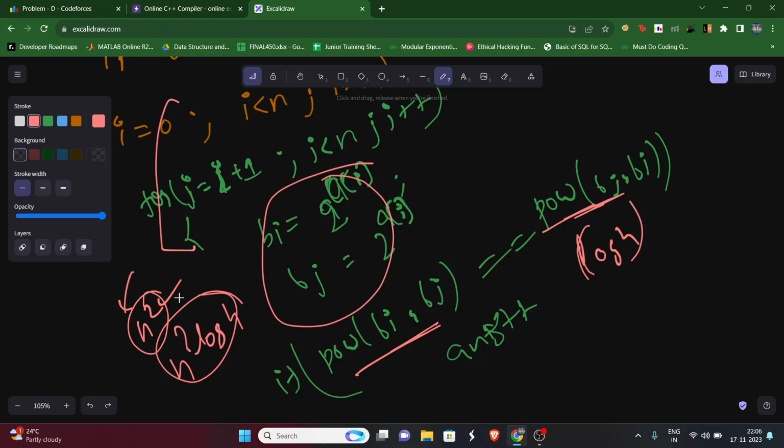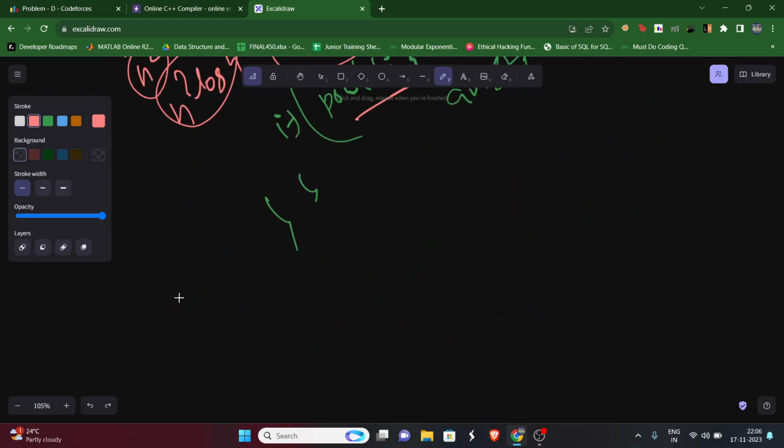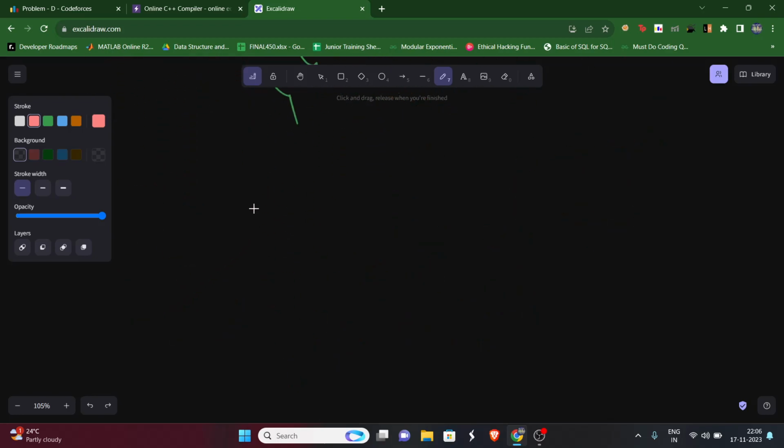So now how can we optimize it? If you notice one thing, if we are selecting a and b, we want that the music produced by a and b should be equal to the music produced by b and a.